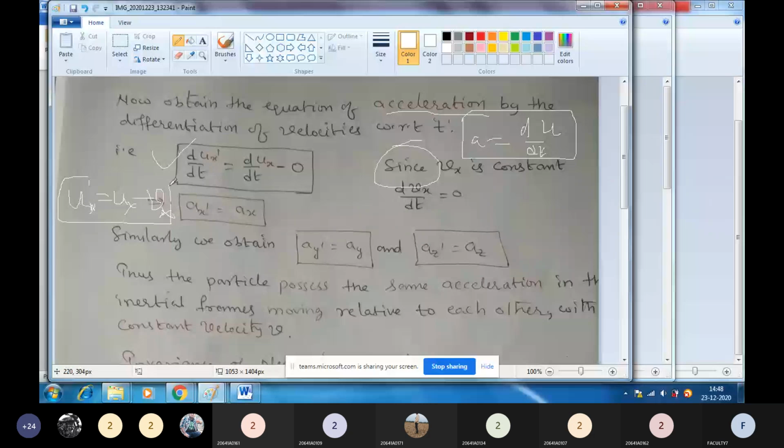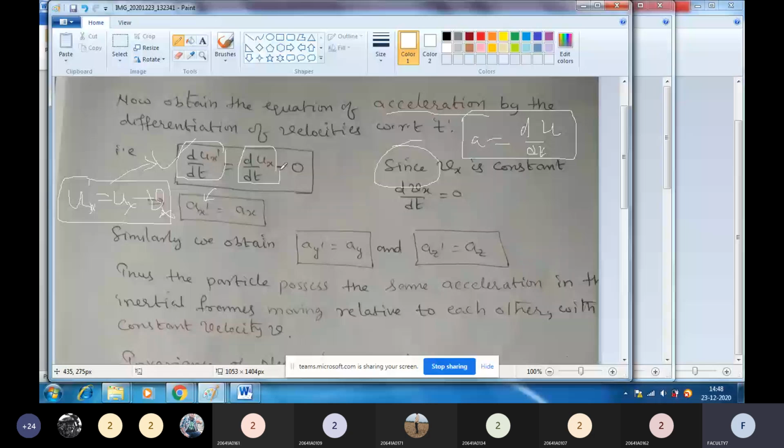That is going to give the acceleration. Here, this gives the acceleration in the S prime frame, and this gives the acceleration in the S frame.